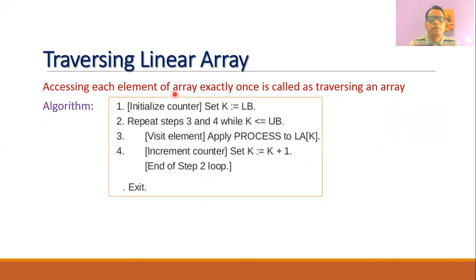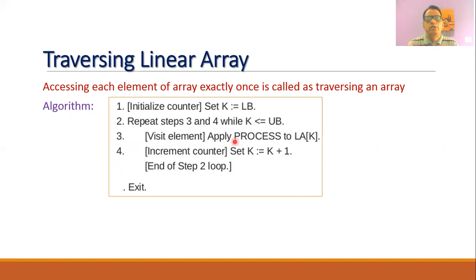Now this is the algorithm which can be used for traversing the linear array. Initially, we set the variable K equal to the lower bound of the array, that is, the lowest value of the index variable. Then we repeat steps 3 and 4 as long as the value of K is less than or equal to the upper bound.